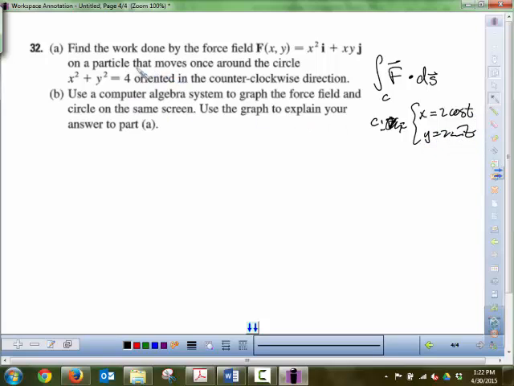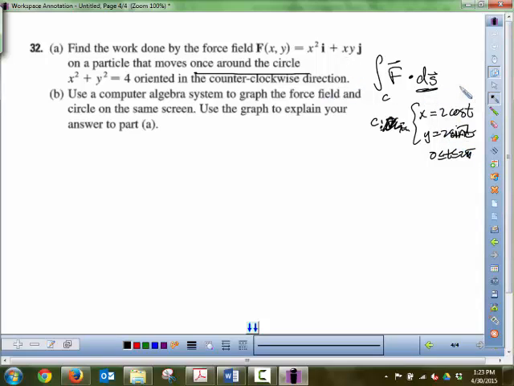Are we talking about the whole circle? Moves once around the circle. Yeah, so 0 to 2 pi. So this is our parameterization, C.